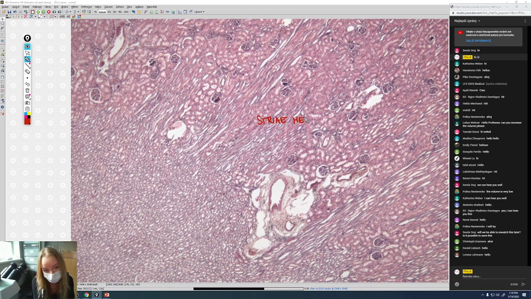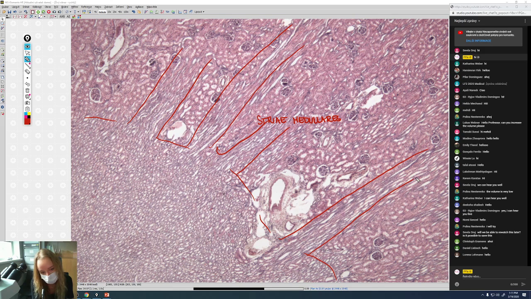So this is the medulla. We cannot see here any renal bodies. And these are medullary rays that are going right to the cortex. Medullary rays, like here. Do you understand?